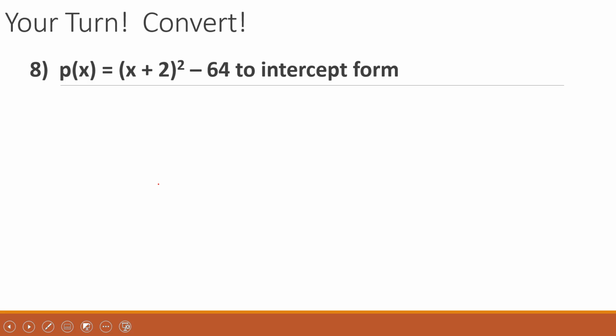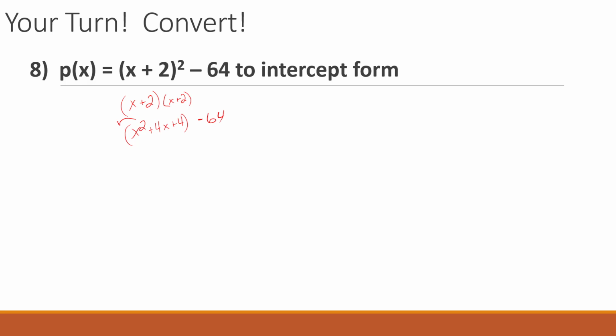All right, let's go to intercept form. In order to go to intercept form, we've got to first go to standard form. I know it's a little bit of a pain, but standard form is your middleman. So x plus 2 times x plus 2. The more you do these, the easier they'll get. So we'll end up with x squared plus 4x plus 4, minus 64.